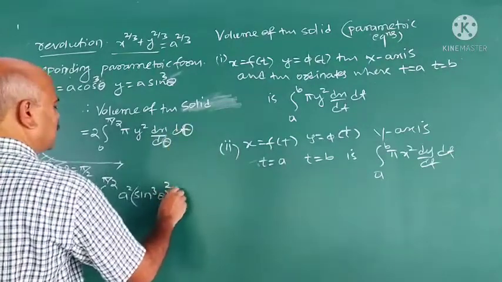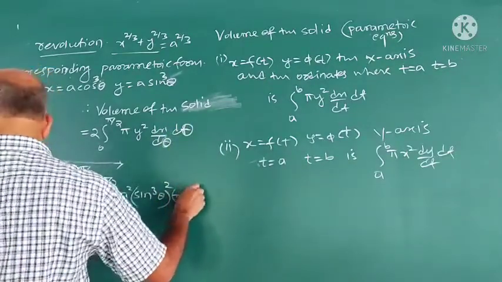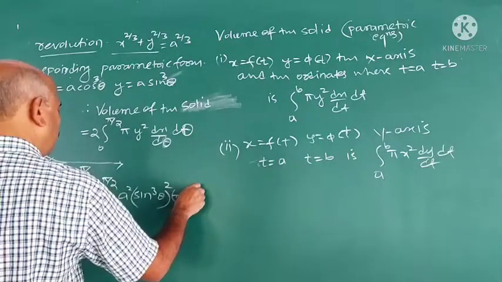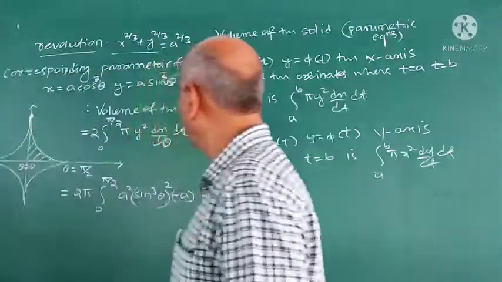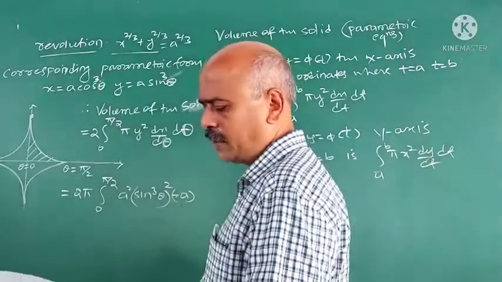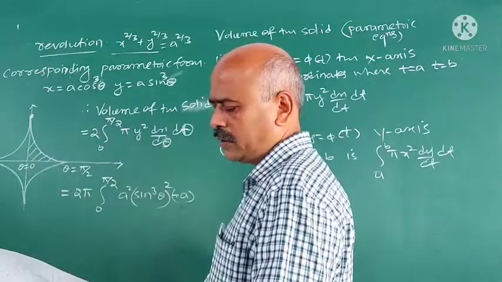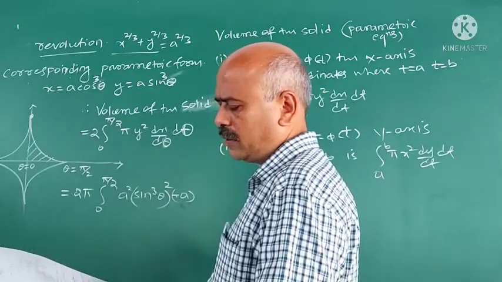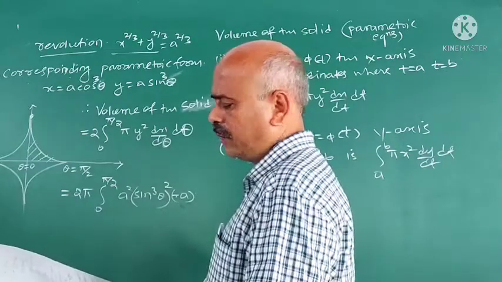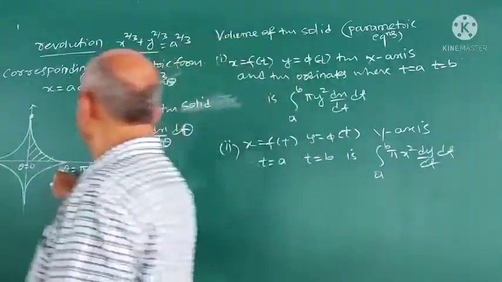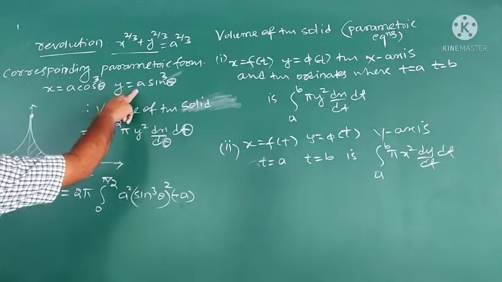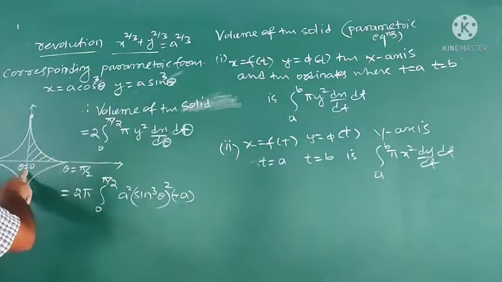Dx by d theta is minus a. The equations are x is a cos cube theta, y is a sin cube theta. What is this point? Theta is pi by 2, because when theta is pi by 2, y is a, x is 0.